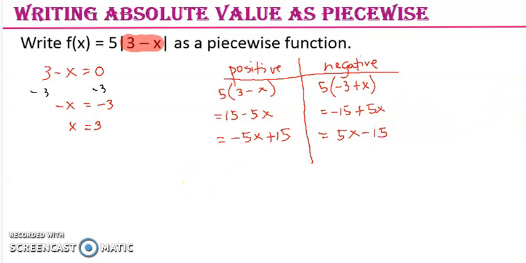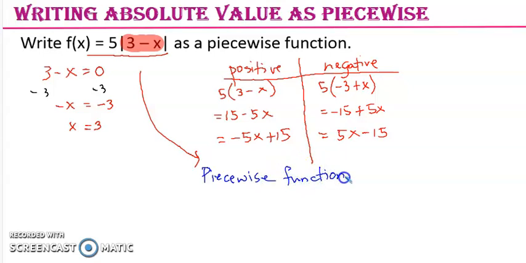Now we are ready to write this absolute value function as a piecewise function. The piecewise function is going to look like this. We're just going to use the function notation g of x, because that's f of x, so let's use g of x equals.